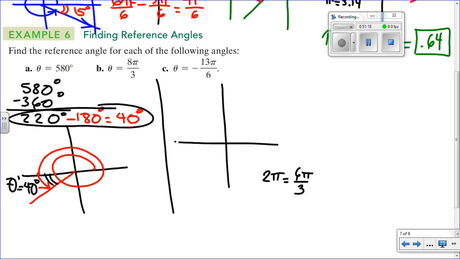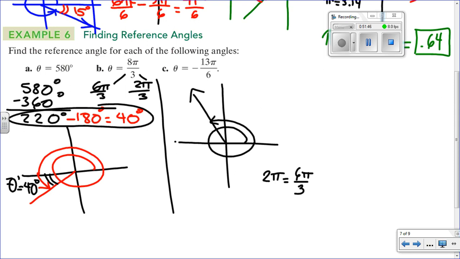So we go here, full turn, and then what else do I need? 2 pi over 3. So this one, it will be a complete turn, and then an extra 2 pi over 3. Look over there on the board, the last circle, where's 2 pi over 3? Past 90. Right there.